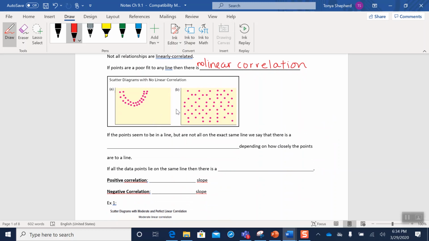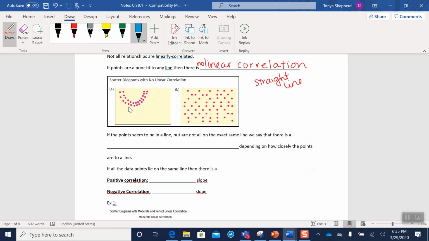Okay, so if we are looking at a scatter plot like this, then we can clearly see that when we say linear, we mean straight line. So if the data resemble any sort of straight line, we call it a linear correlation. You can see that this data does not.